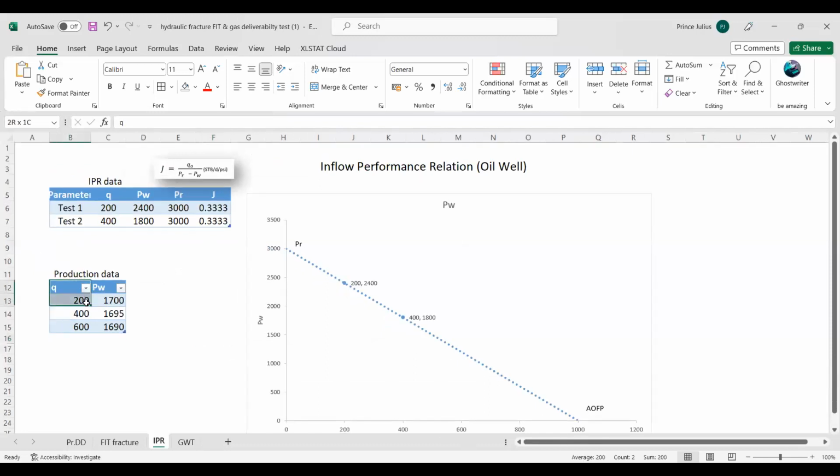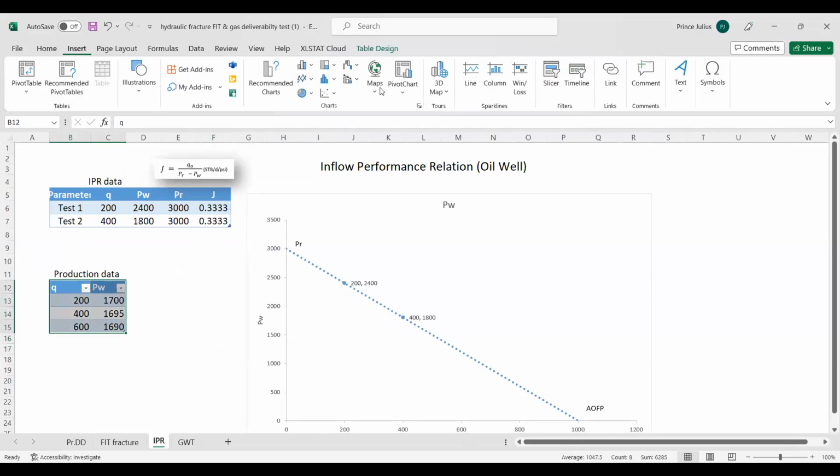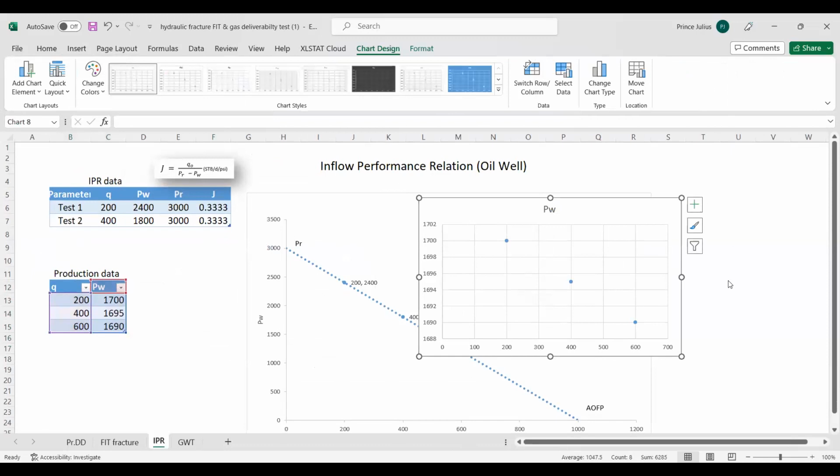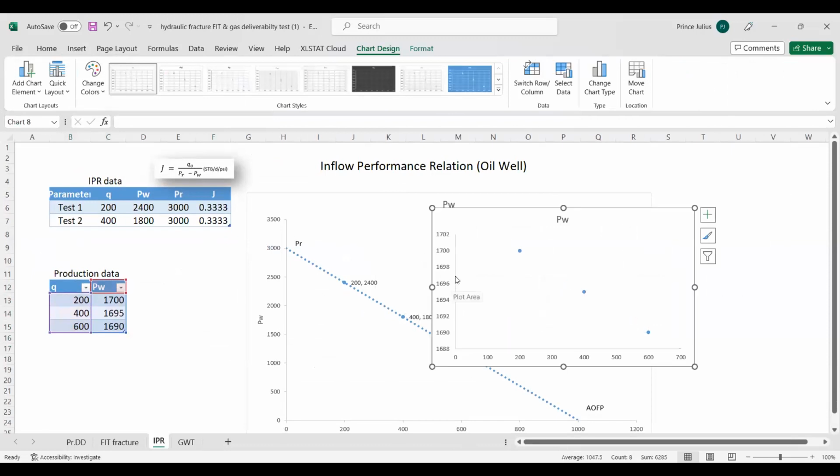So I'm going to insert a scatter plot for this. You can see the scatter plot is looking to be 3 different points. I'm going to remove the grid blocks, but I want these scatter points to be interpolated on the IPR to get the best stabilized flow rate.